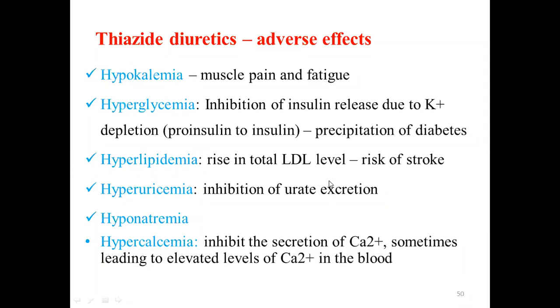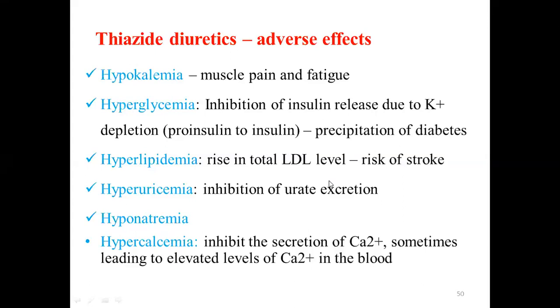It's very bad cholesterol because it transports cholesterol from the liver to the blood vessels, and it causes accumulation or deposition of cholesterol in the blood vessels. It can even cause atherosclerosis by hardening and stiffening or buildup of cholesterol plaque in the blood vessels. So thiazide diuretics can increase the risk of hyperlipidemia.